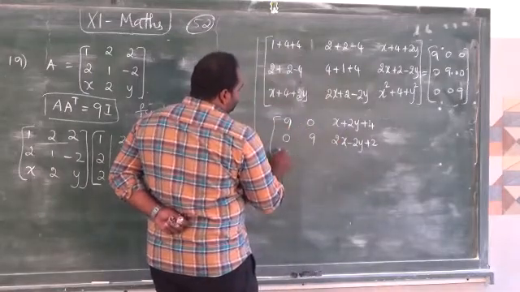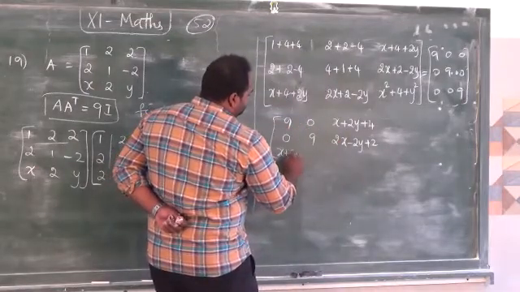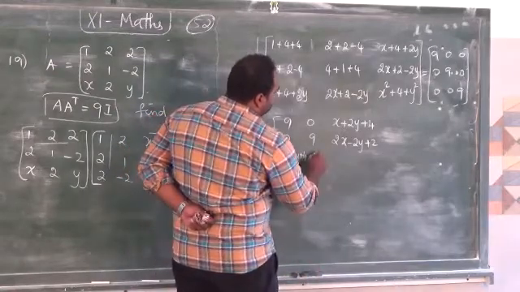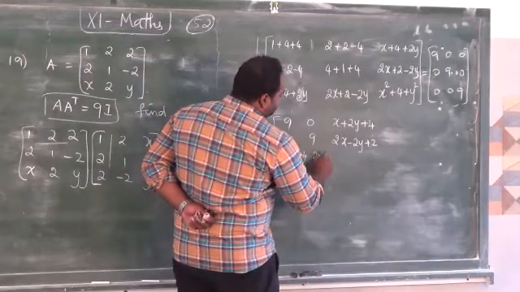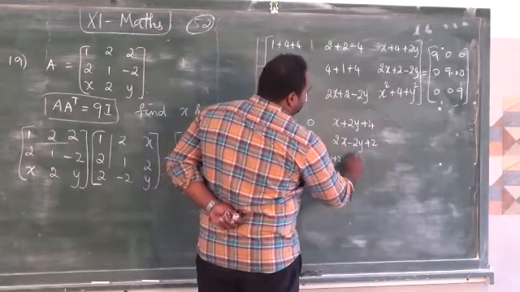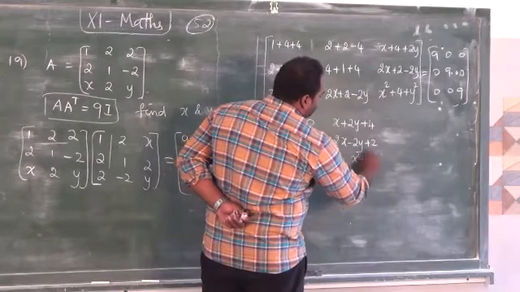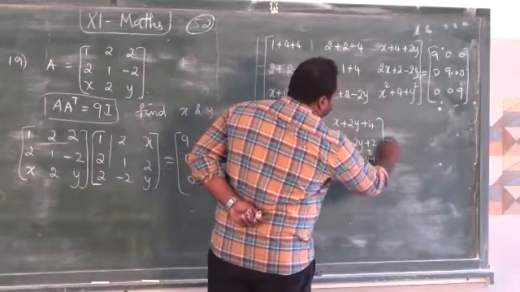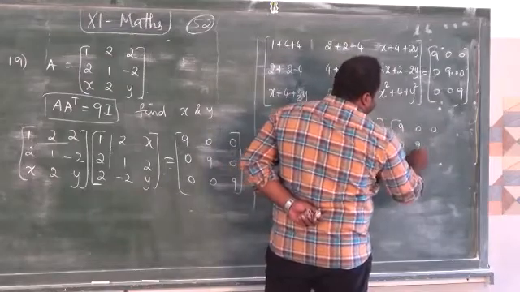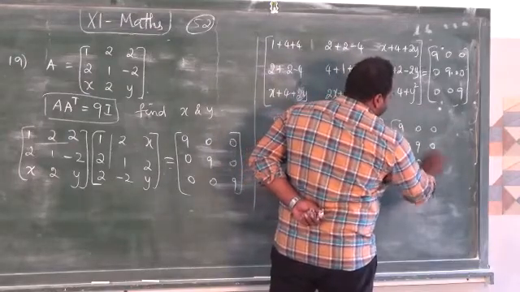Third row: x plus 2y plus 4, 2x minus 2y plus 2, and the third element x square plus y square plus 4, equal to 9 0 0, 0 9 0, 0 0 9.